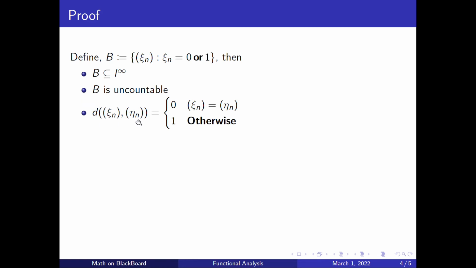It is easy to see that it will be 0 if both are equal, and even if they differ at one point, the supremum metric would give it to be 1. Therefore, the supremum metric defined on L infinity turns out to be a discrete metric when restricted only to this set B.